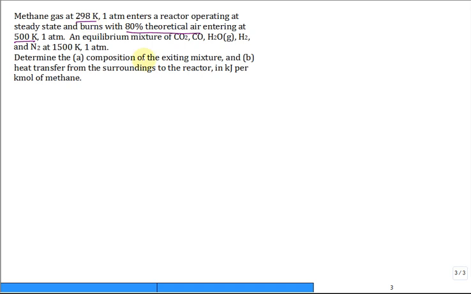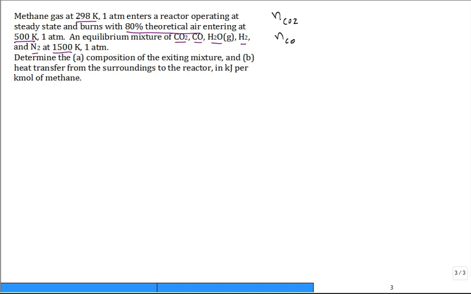Okay. An equilibrium mixture of CO2, CO, H2O, H2, and N2 at a very high temperature of 1500 Kelvin at 1 atm leaves. Determine the composition of the exiting mixture. So what we want to solve for is the number of moles of CO2 per mole of fuel, the number of moles of CO in equilibrium going out per mole of fuel. What's our fuel?